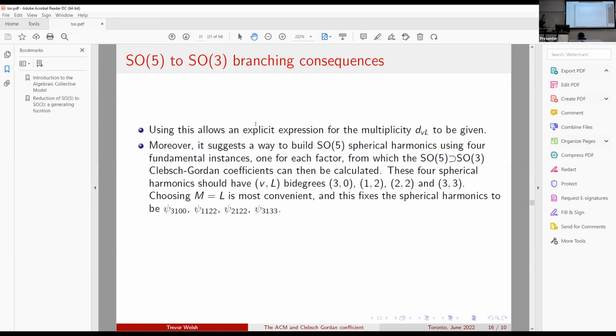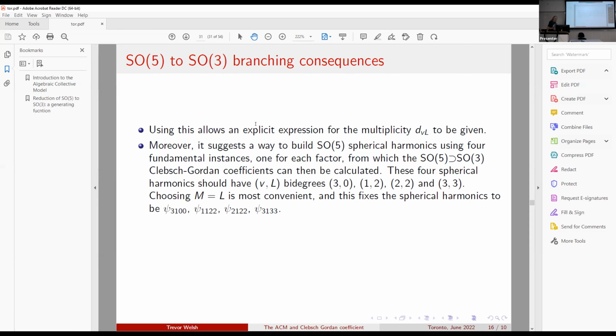They can be expressed in terms of Legendre polynomials in that case, and for the other one, the Wigner-D functions. So they're well known, and you can multiply them together according to that generating function. You build up all spherical harmonics. You have to use a Gram-Schmidt orthogonalization process, but you get them all, and then you can calculate the Clebsch-Gordan coefficients. That's what we need to carry out the calculations in the model.